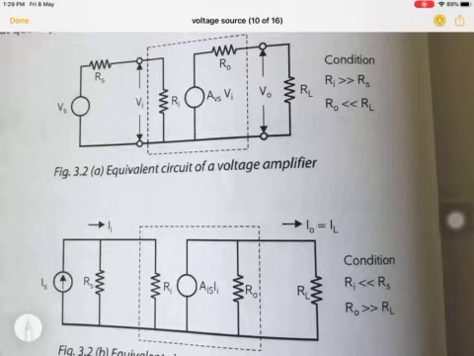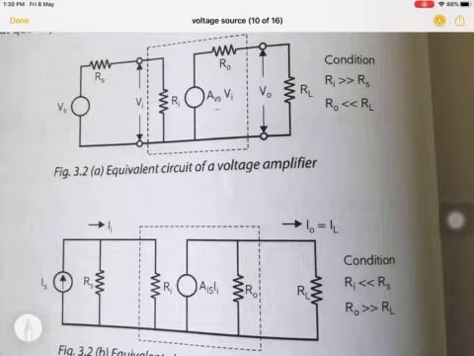First I will discuss the equivalent circuit of a voltage amplifier. As we know, in a voltage amplifier the output and input are both in the form of voltage. The input voltage source has some resistance RS in series, because a voltage source has its resistance in series configuration. This is the amplifier circuit, this box. This is RI, the input impedance of the voltage amplifier.